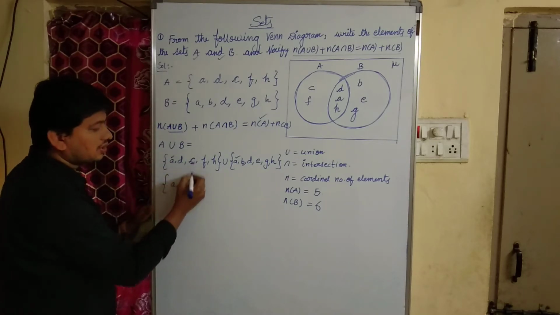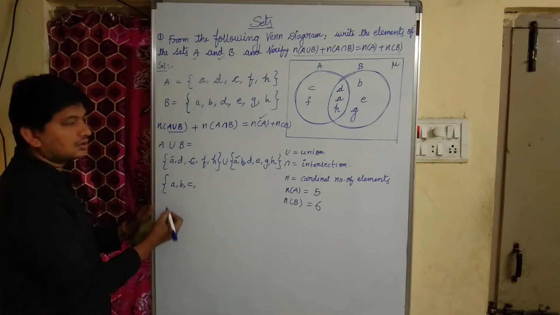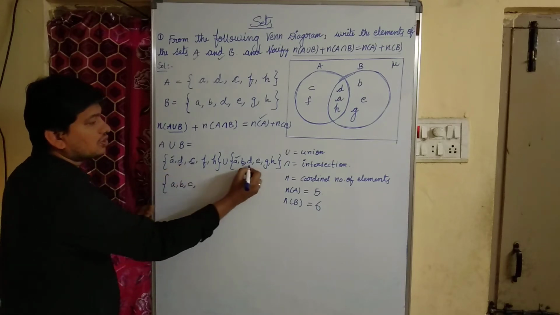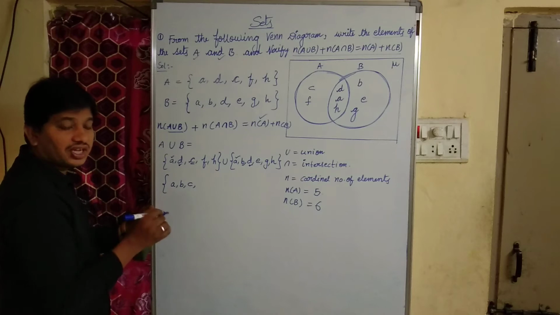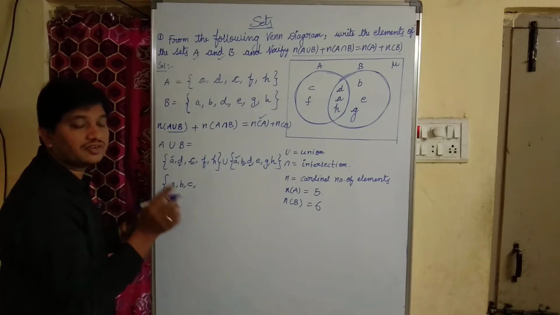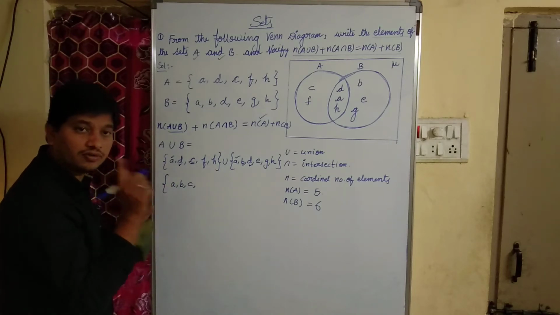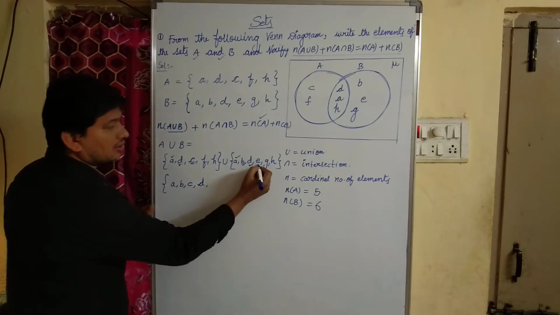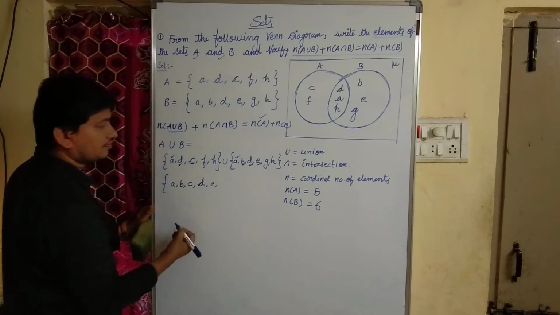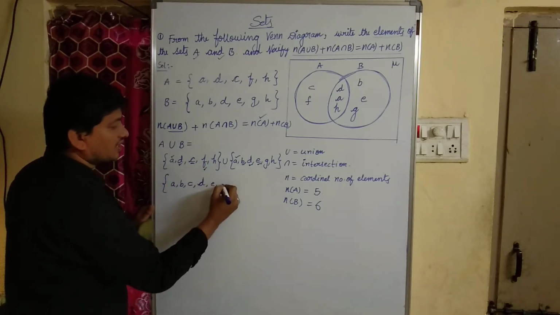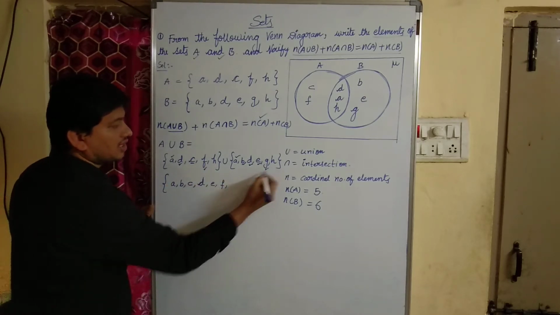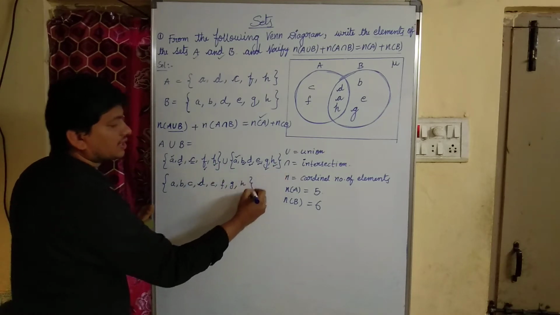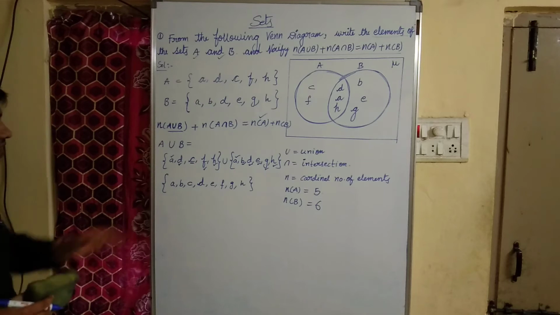As c is here, we need to write it. Coming to d, which is present in both set A and set B, we write it only once. So a, b, c, d. Then e is here, f is here, g is here, and h is present in both the sets.